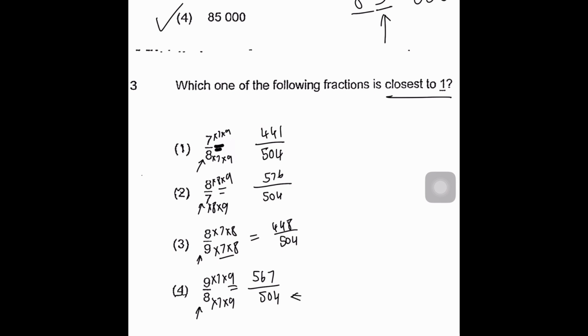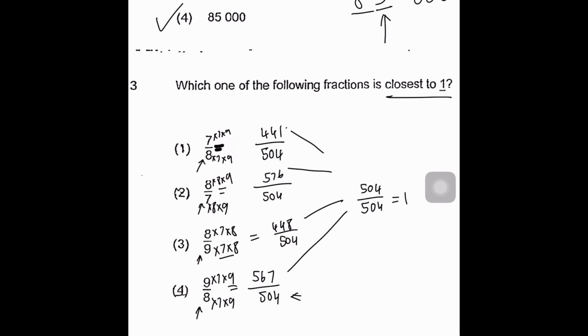You have to compare which of the numerators is closest to 1. So when you look at this denominator, if you convert 1 into a fraction using this denominator, you'll get 504 over 504. So what you basically have to do is see which of these numbers is closest to 504. So let's do it one by one.